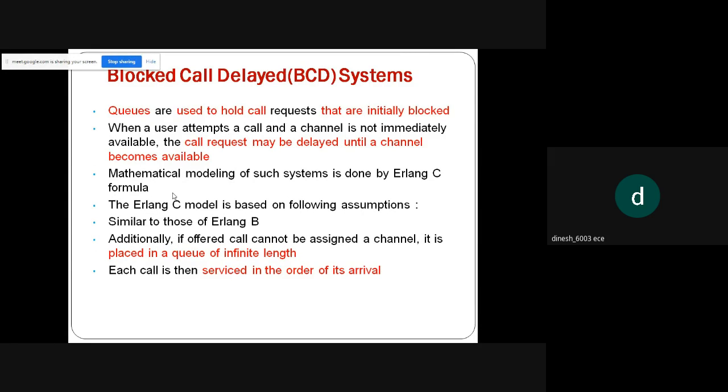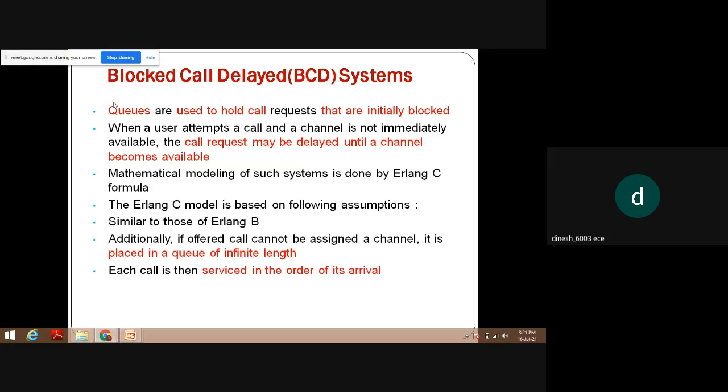Next is the BCD, which is Erlang C. Here, when a user makes a call, the call is delayed beyond a certain level.